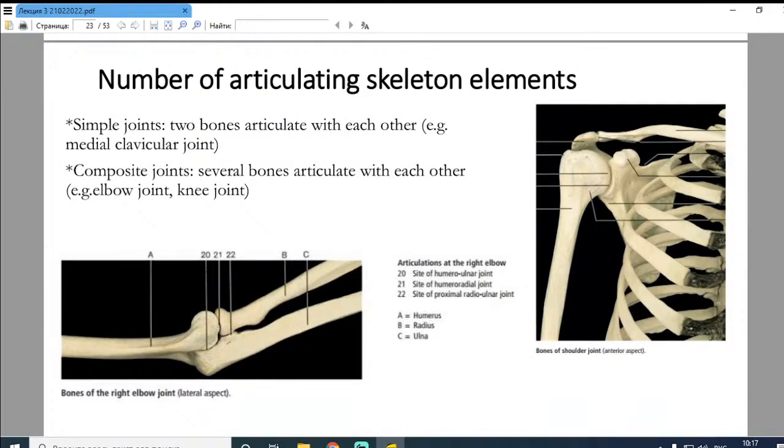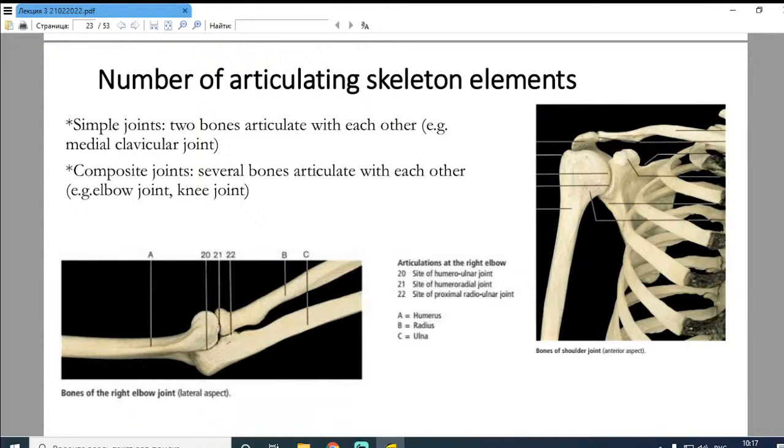Simple joint, two bones articulate with each other. What is this? For example, the sternoclavicular joint. Composite joint: several bones articulate with each other. For example, the elbow joint, the knee joint.